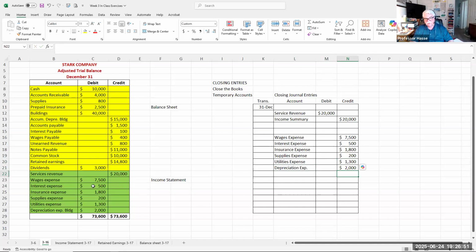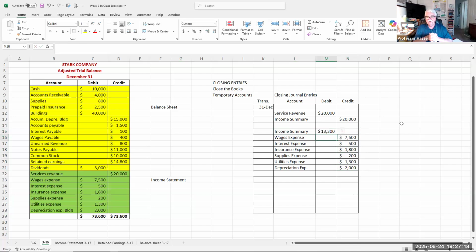So now I have closed out all the expense accounts, and we can see in 2026 what my expenses will be for that particular year. The offsetting debit of this goes to income summary. $13,300 debit.